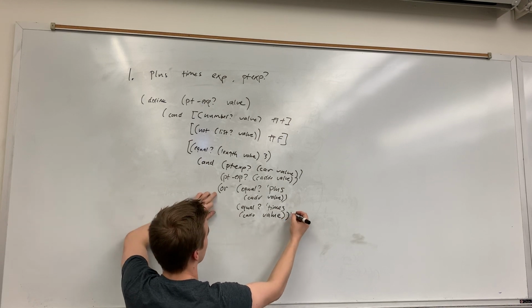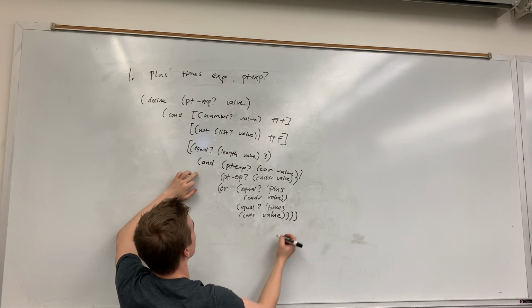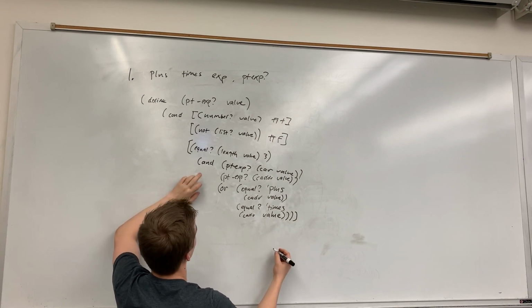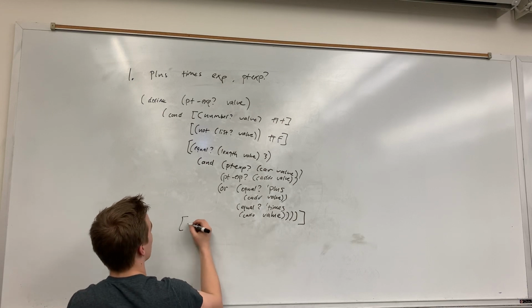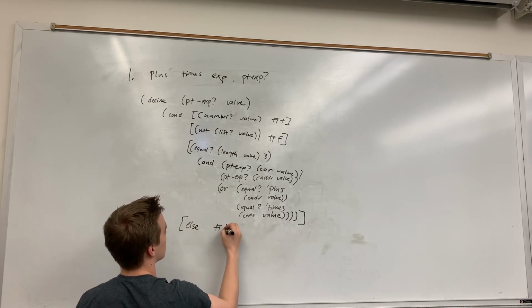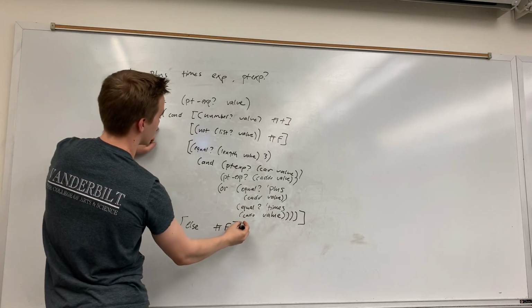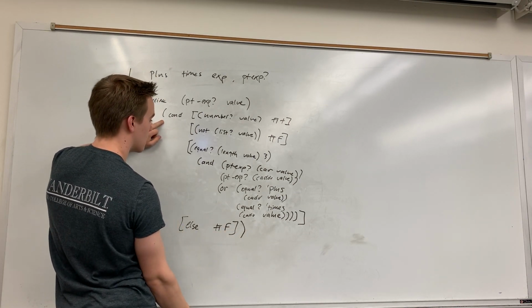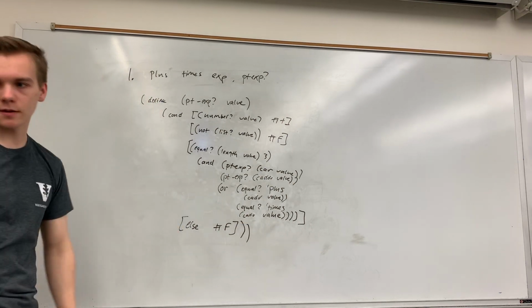Close equal, close this or, close this and. I think and takes 3. If it doesn't, I could just add another one. And then close this conditional statement, and then I'll have an else false. Okay. And then I'll close my conditional statement here, and I'll close my define here. I think this works. I hope this works.